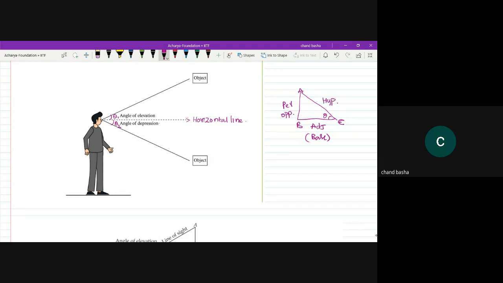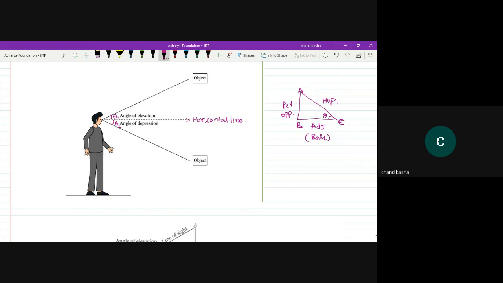Based upon the given data, we can use any one of the six trigonometric ratios. Suppose we have perpendicular and base, then we can use tan theta for finding an angle. When theta is given and adjacent is also given, and he is asking AB, that is perpendicular, we can make use of tan theta.